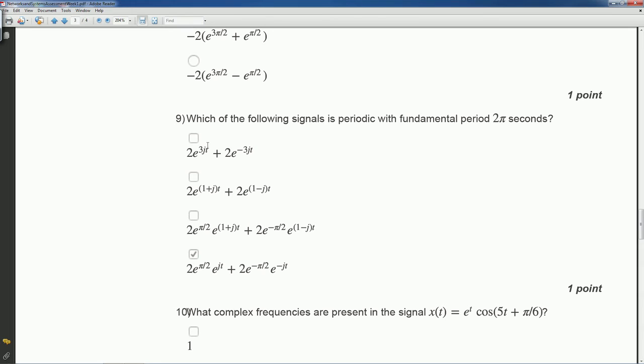Instead of t, if you put t plus 2 pi over 3, the 3 and 3 will cancel, but still the 2 pi remains and you will get the same form again. So, the fundamental period for this one is actually 2 pi over 3, it is not just 2 pi. So, this is a periodic signal, but the fundamental period is not 2 pi. That is why the first option is not correct. One can evaluate this and find out whether it is periodic or not.